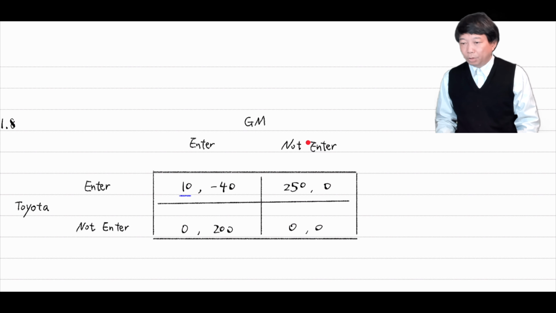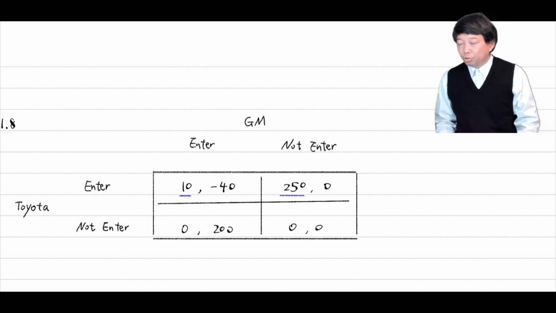Given that GM does not enter the market, Toyota's best response is also entering the market because it brings 250 instead of 0 if it stays out of the market. We see that Toyota has a dominant strategy of entering the market regardless of its rival's choice.